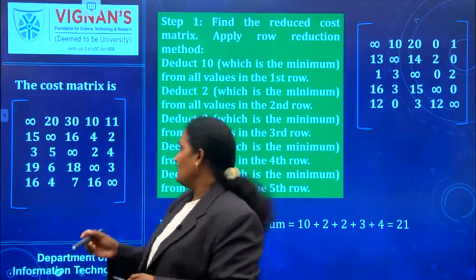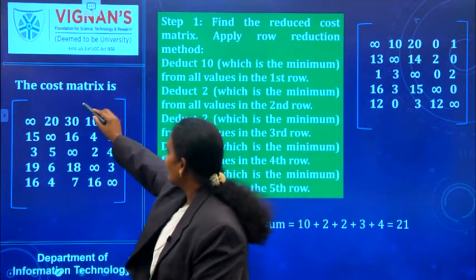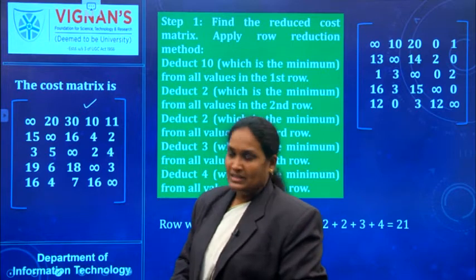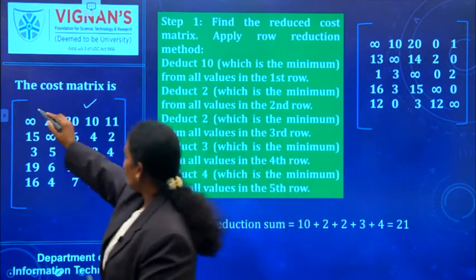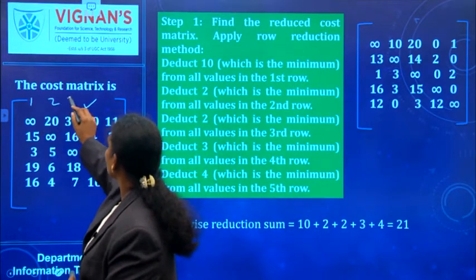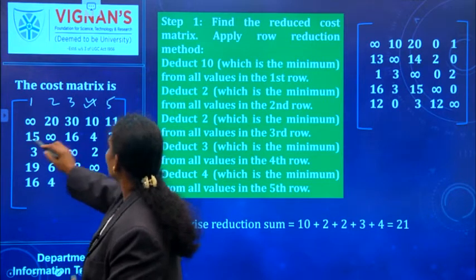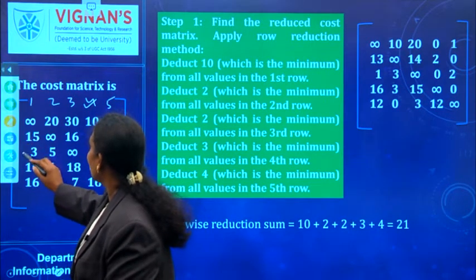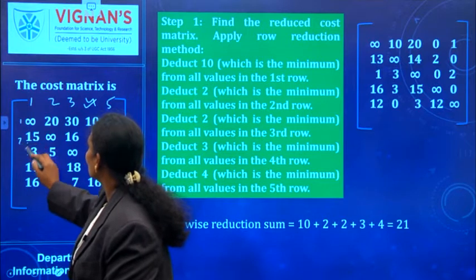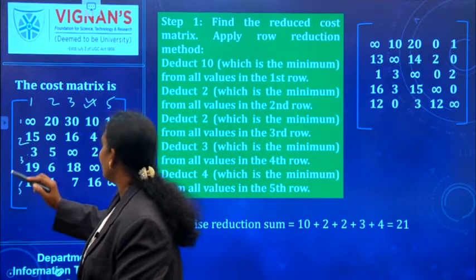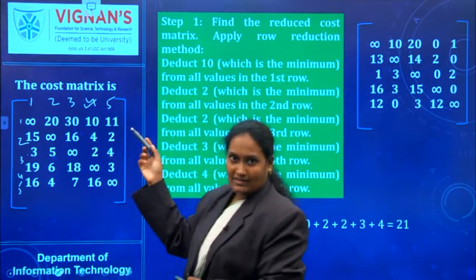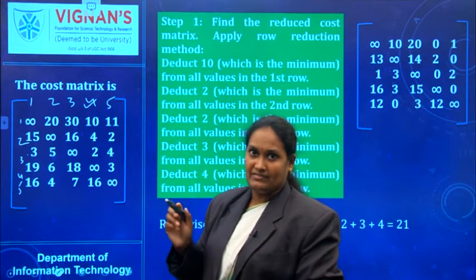Now, here we are given a cost matrix. Suppose the nodes are 1, 2, 3, 4, 5, and here also the nodes are 1, 2, 3, 4, 5. The cost of traveling 1 to 1 is to be taken as infinite.